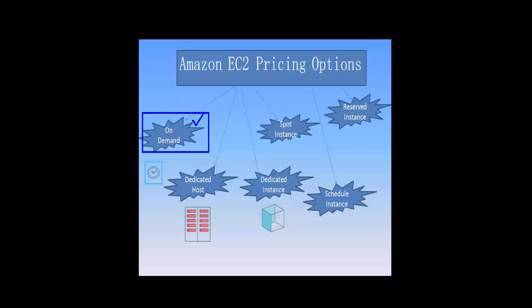Billing is hourly for Windows instances, and for Linux the billing can be on a per-second or per-minute basis also. Clear? It is suitable for testing and development. So this is the on demand.